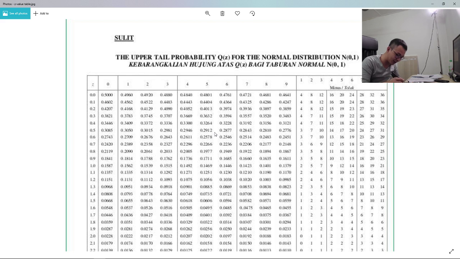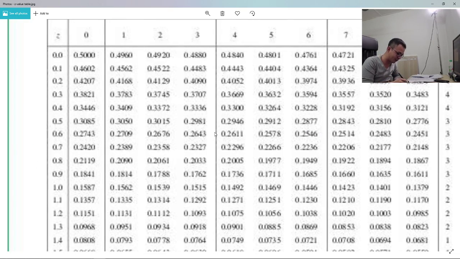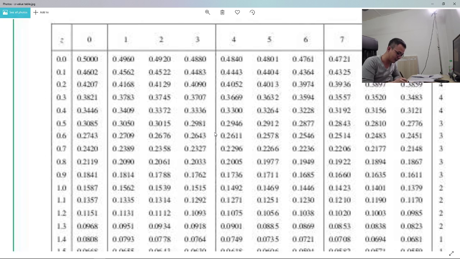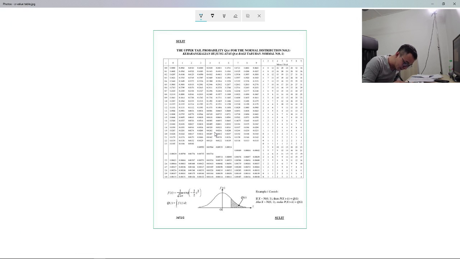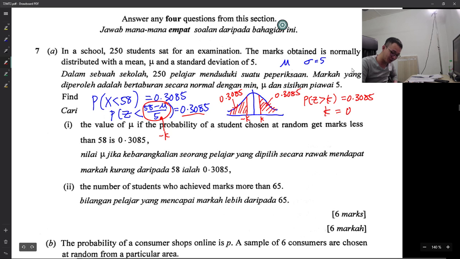So you should be able to see the 3085 is at 0.5 here. I'll zoom in to let you see 0.35 is over here. So it will be 0.5. Oops, it's totally covered it. So I know this is 0.5.